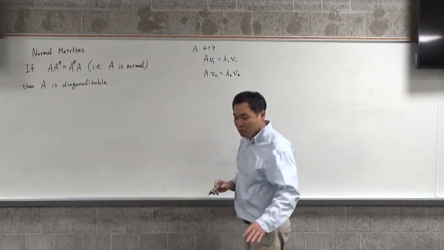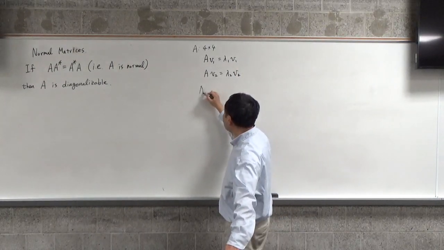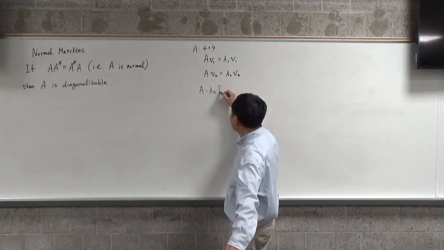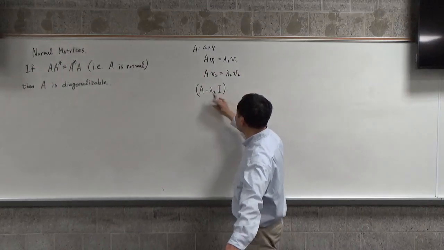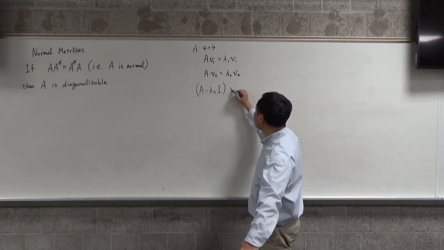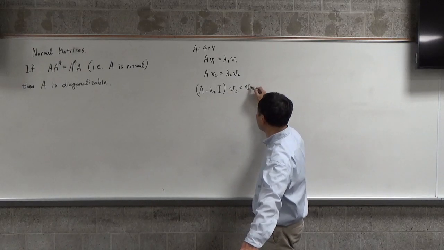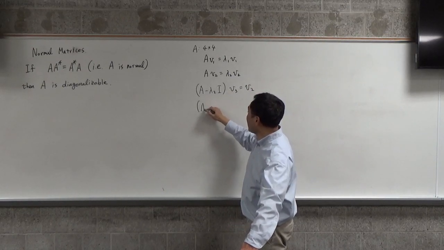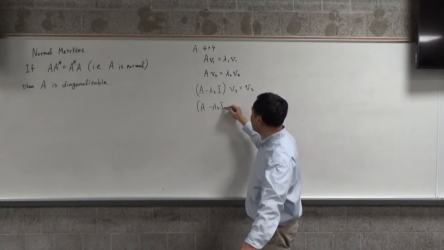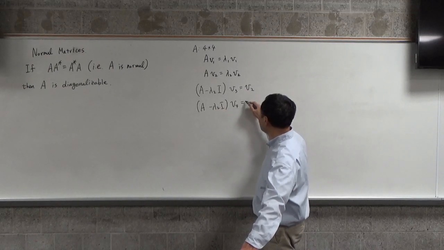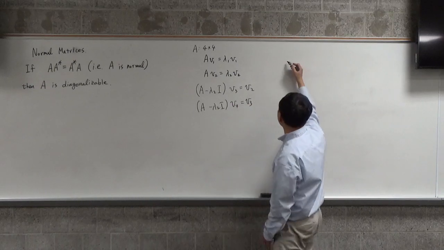So in that case, you have to find the generalized eigenvectors: (A minus lambda 2 I) applied to v3 is equal to v2, and (A minus lambda 2 I) applied to v4 is equal to v3. So you have a chain of eigenvectors.